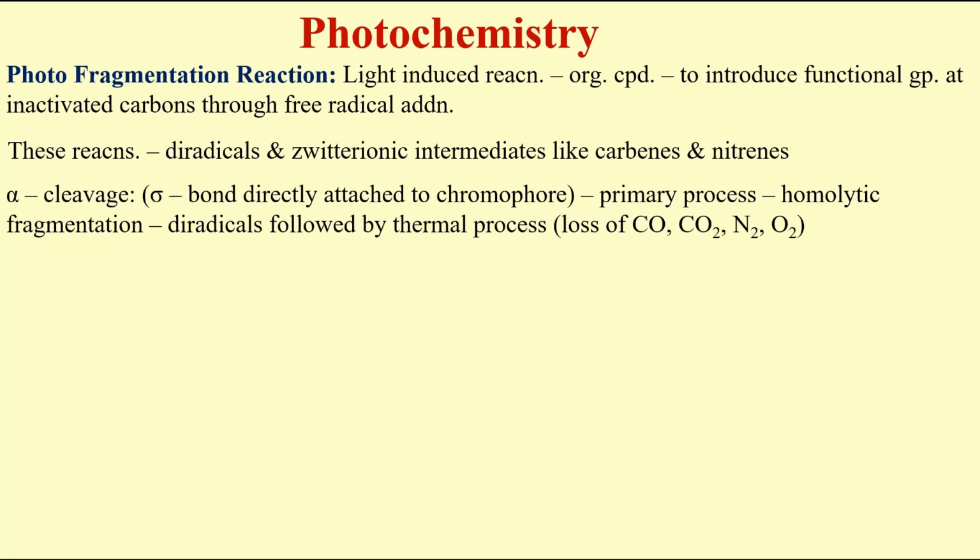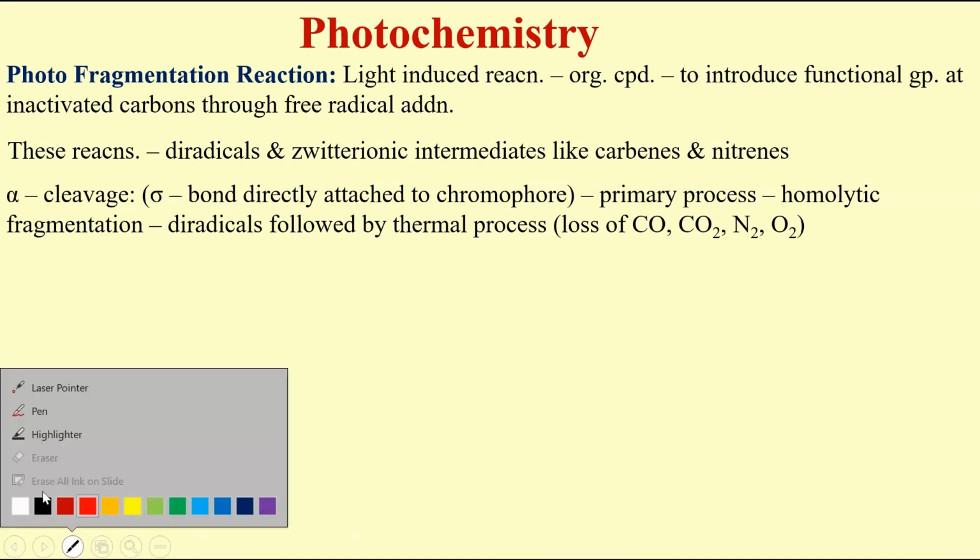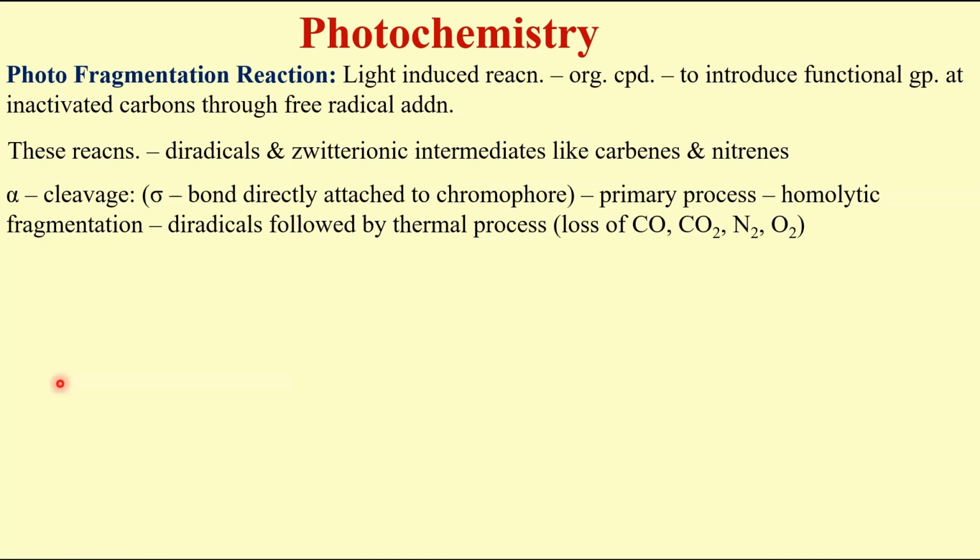This alpha cleavage occurs in those organic compounds in which the sigma bond is directly attached to the chromophore. A chromophore is the substance or functional group present in the molecule which is responsible for absorption of energy. If there is a sigma bond directly attached to the chromophore, then in this kind of organic compounds alpha cleavage can occur.